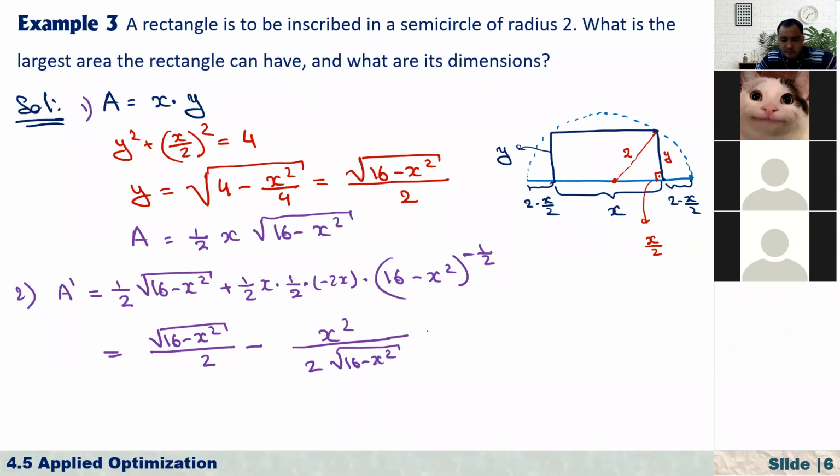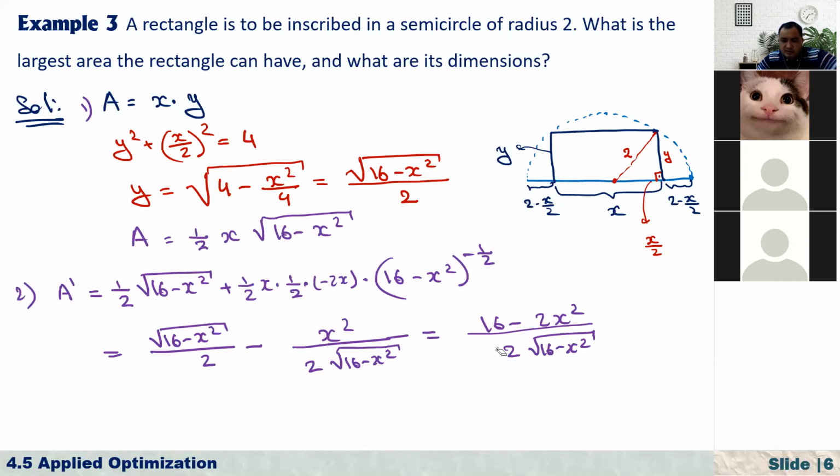Or even if I simplify this, I think I can get this. The common denominator is 2 times the square root of 16 minus x squared, and the numerator is 16 minus x squared minus x squared. So that's equal to 16 minus 2x squared.